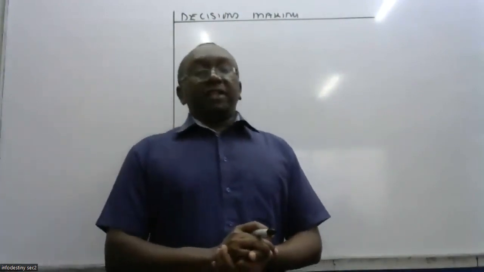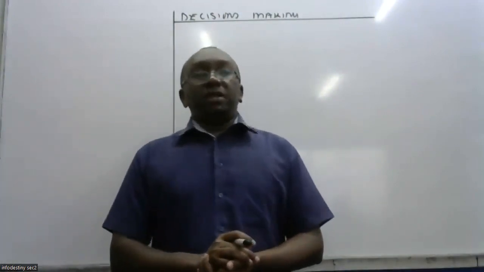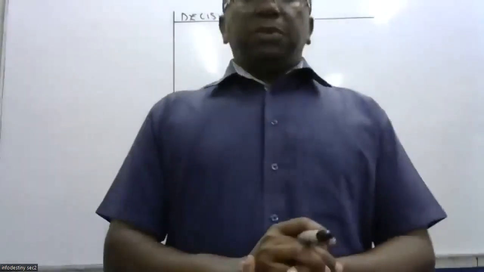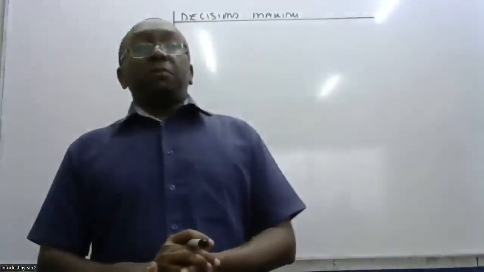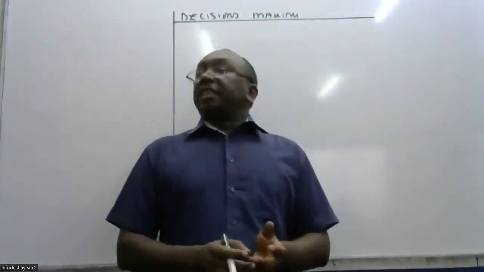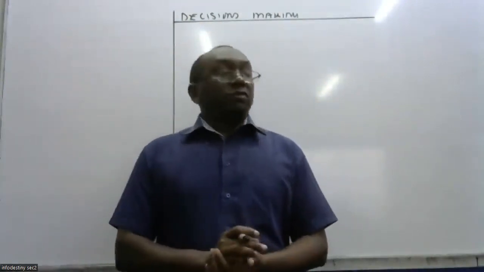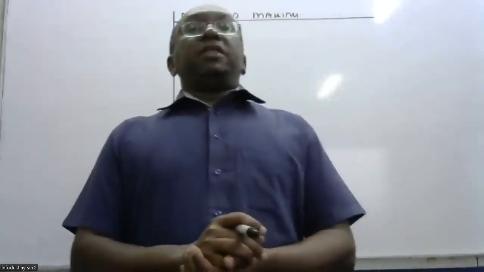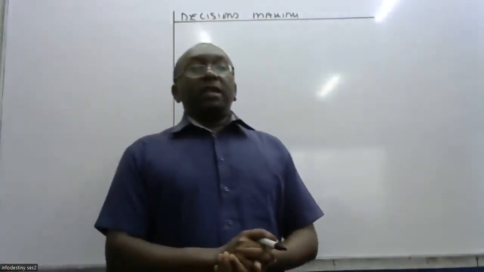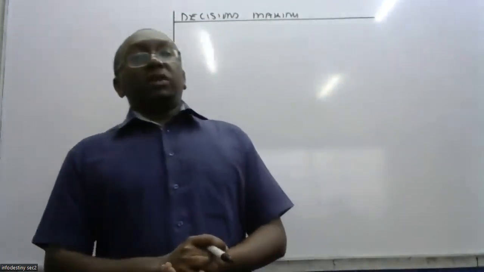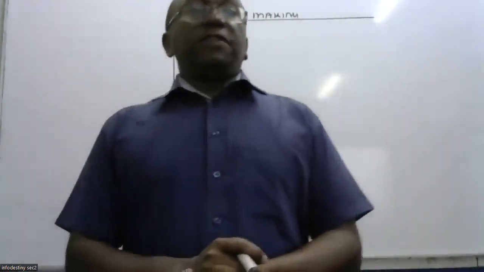People have different opinions. My opinion is not your opinion, and none of them is wrong. That's why when you criticize people, they tell you it's my choice, it's my opinion. Maybe before I move on, this is the foundation of a very popular statement that says beauty is in the eye of the beholder. What I find good is not necessarily what you find good. What I find beautiful is not what you find beautiful.